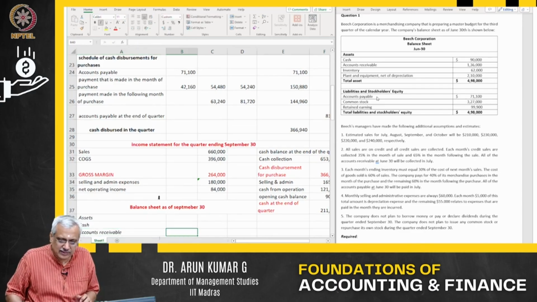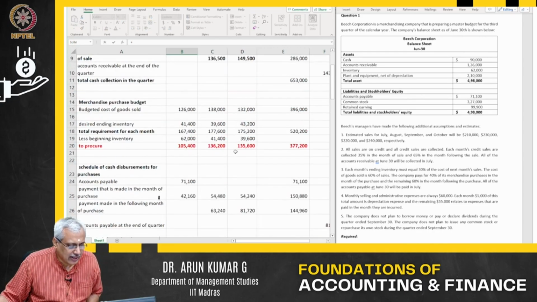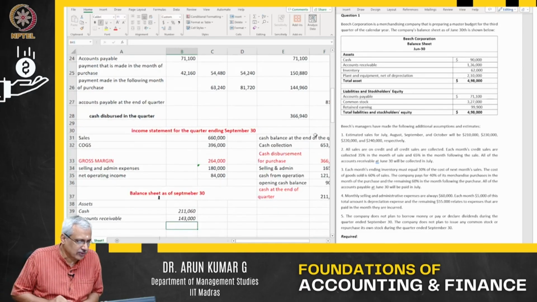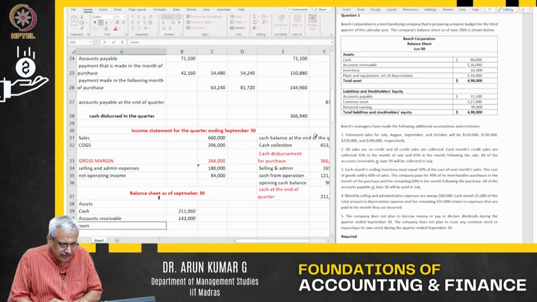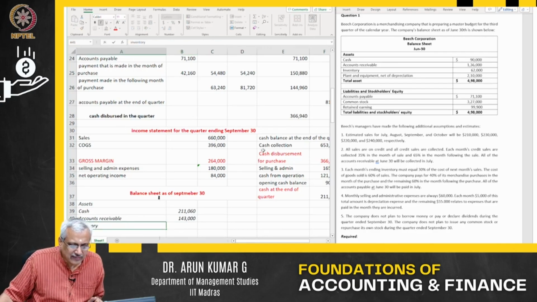The cash balance we just calculated out here. Accounts receivable at the end of the quarter we did calculate here. Then I have inventory. We know the ending inventory out here.